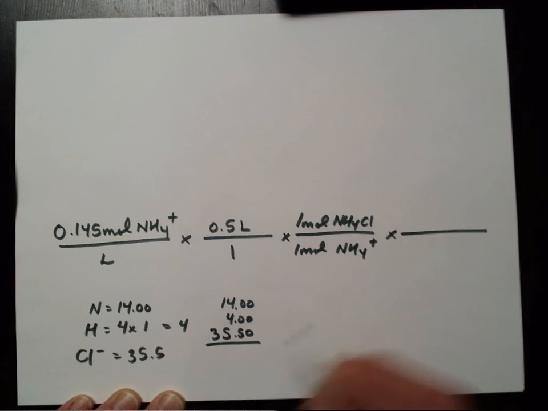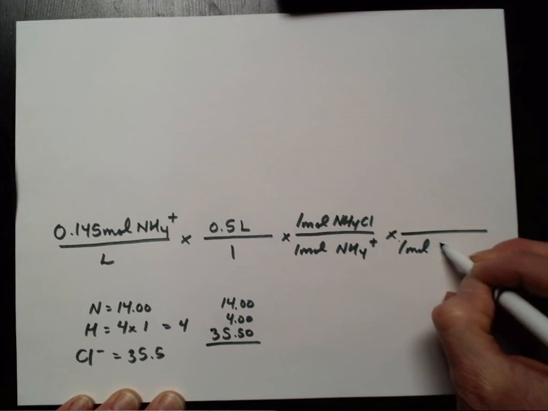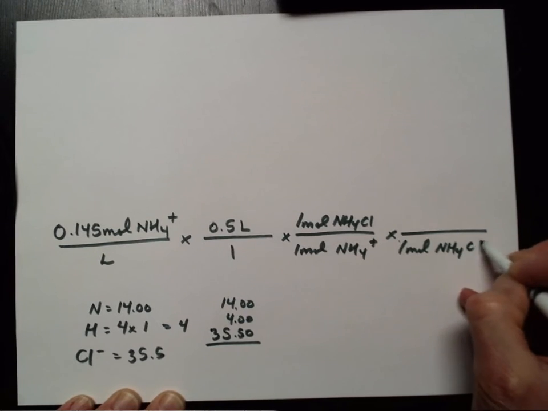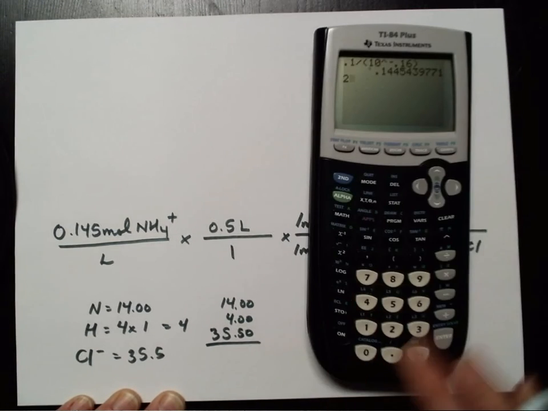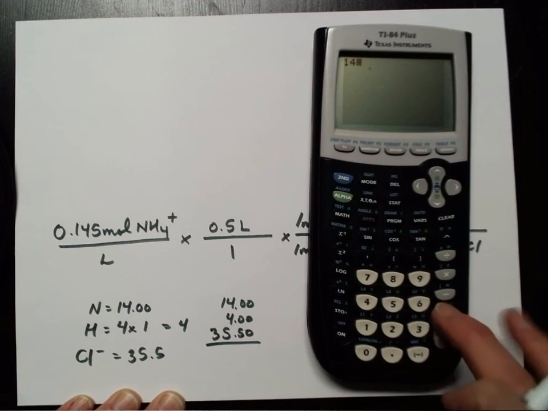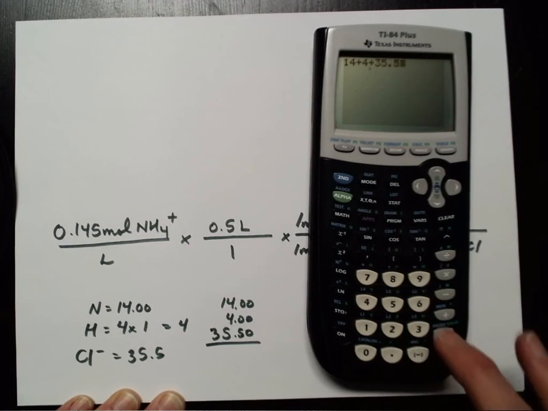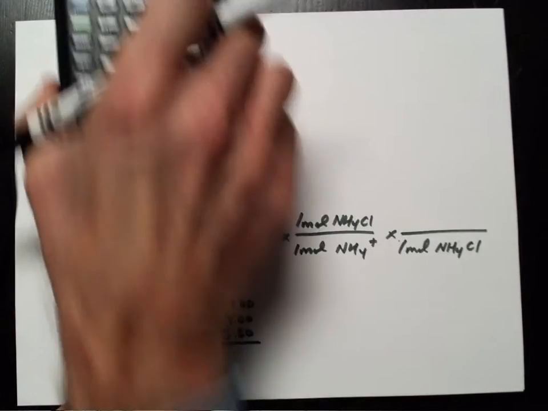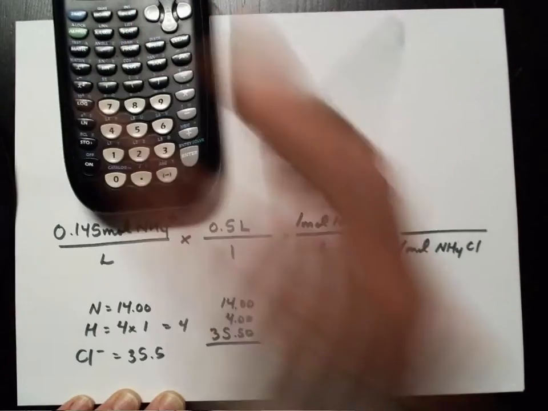And then from this math here, we see that 1 mole of ammonium chloride is how many grams? I hope I did that right for chlorine. Yeah, I think that's right. 53.5 grams.